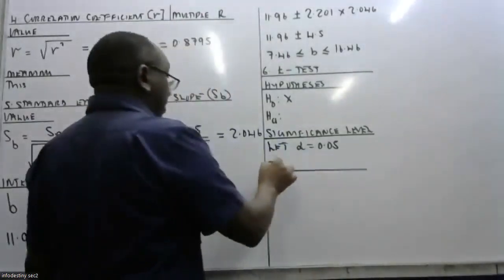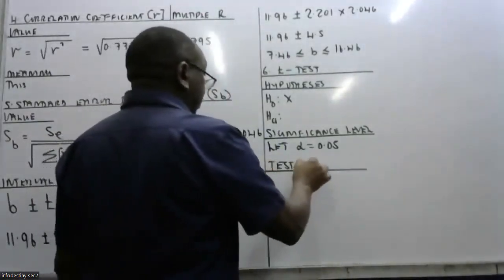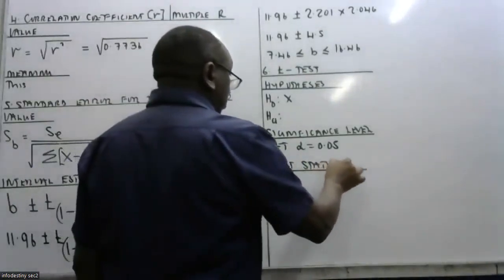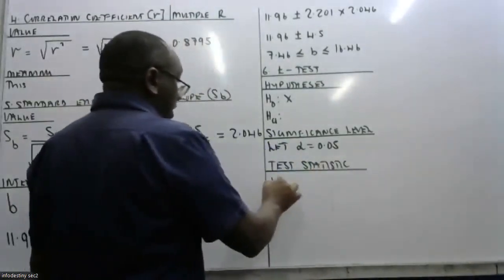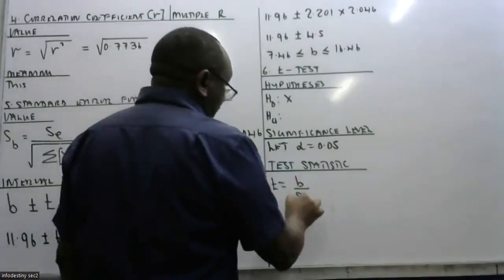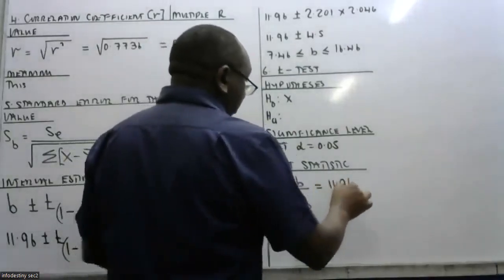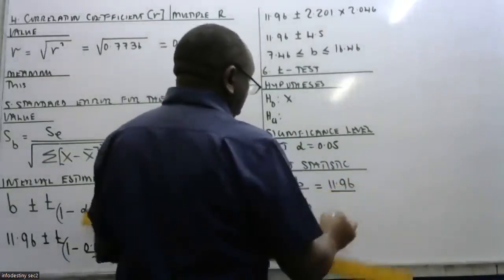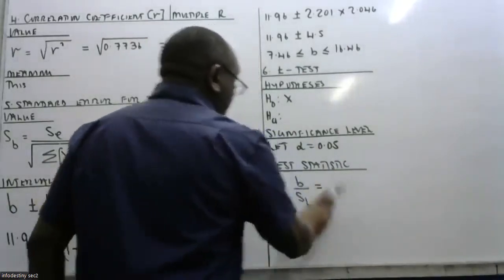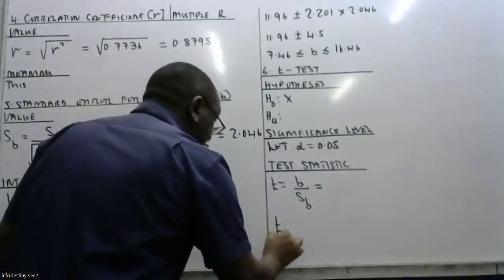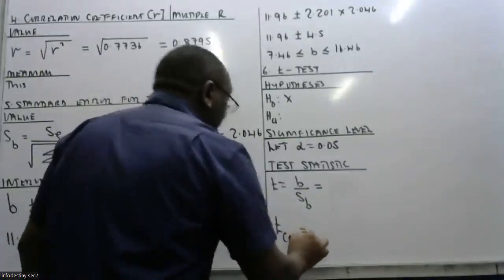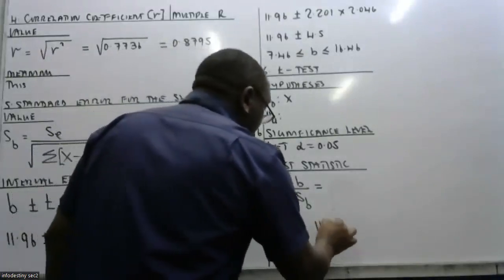Test statistic: T is given as B out of SB. So T calculated is 11.96 divided by the error.